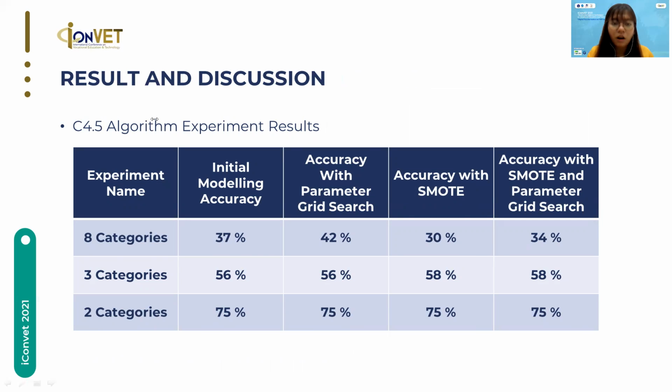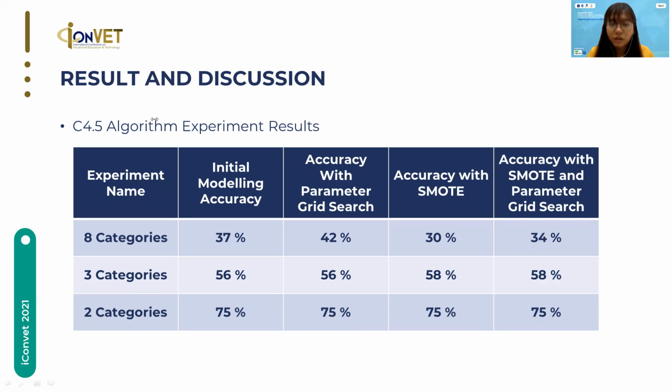The next section is the result of the C4.5 algorithm implementation. The following table shows the accuracy of each model generated in each experiment with the C4.5 algorithm.